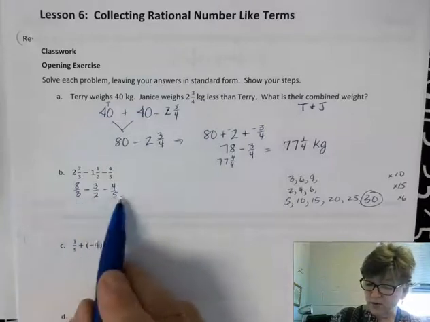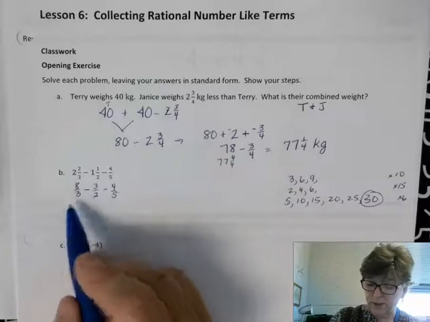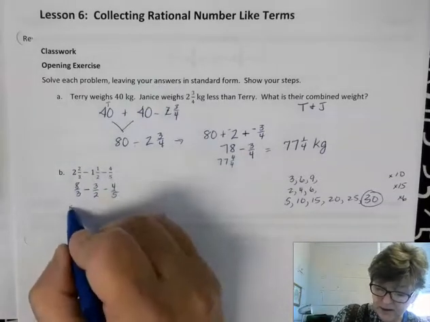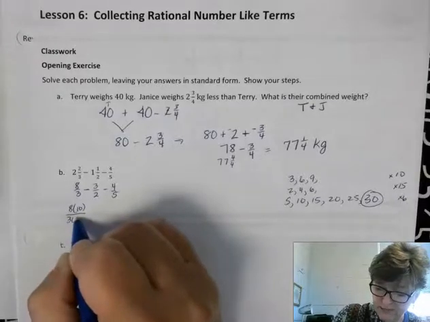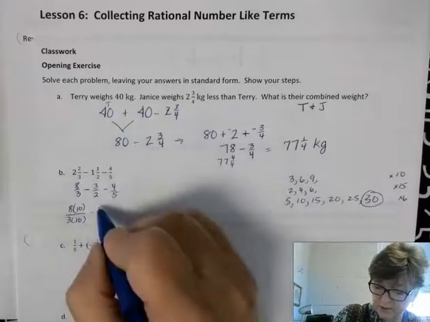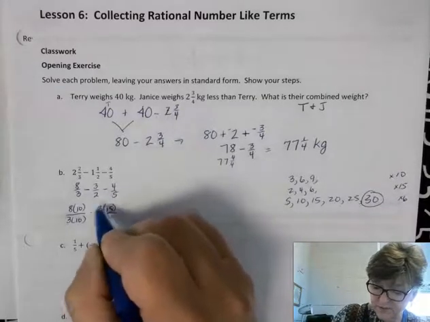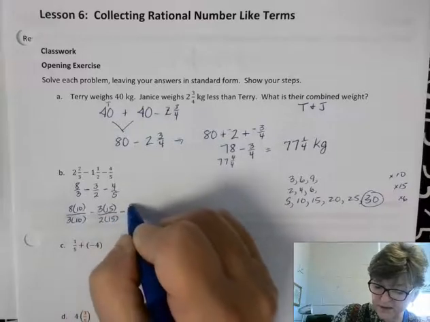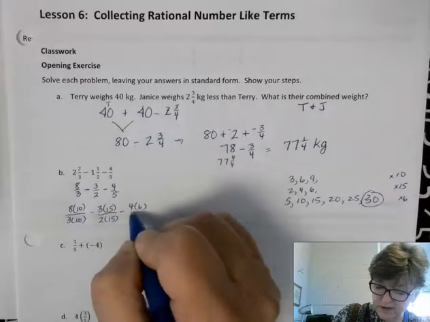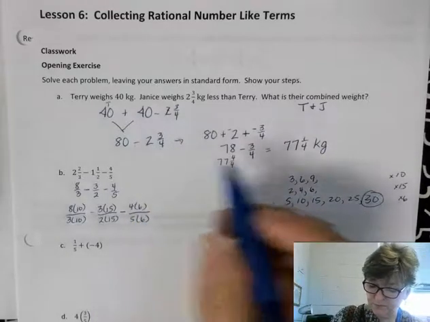So now, in order for me to convert them to equivalent fractions with common denominators, 8 times 10 is 3 times 10 minus 3 times 15, 2 times 15, minus 6 times 6 over 5 times 6.